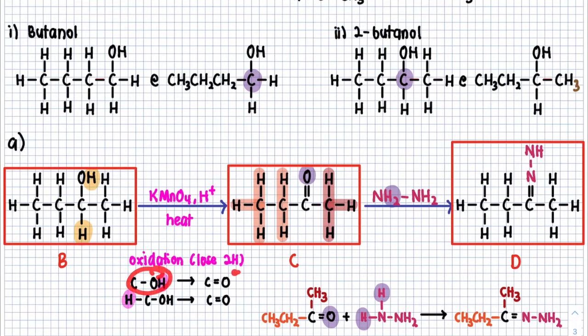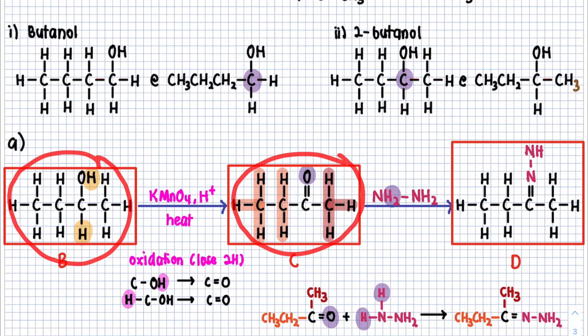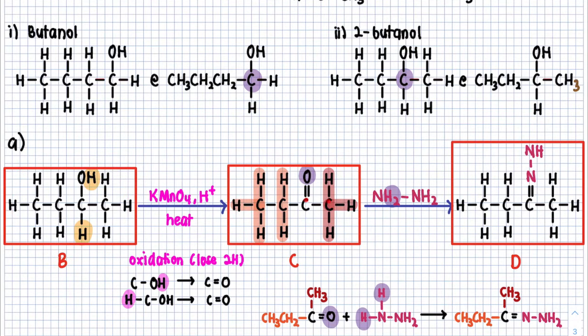Again, COH ni akan jadi C double bond O. Okay, so this is the product itself. Okay, so this is the oxidation. So we will form from our butanol ni, jadilah kita punya ketone. Kalau kita namakan dia, dia jadi 1, 2, 3, 4. We become 2 butanone.